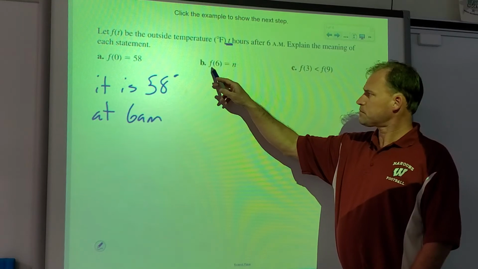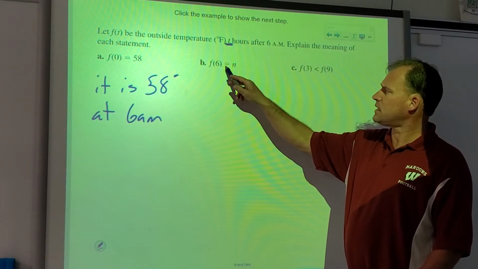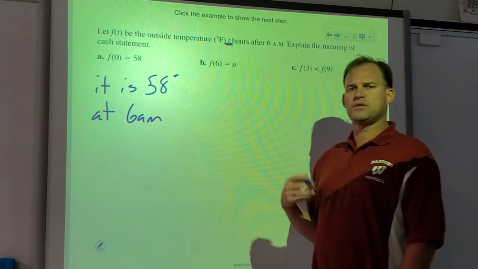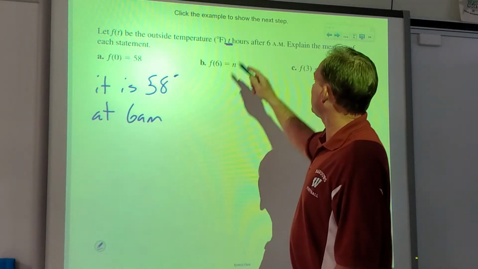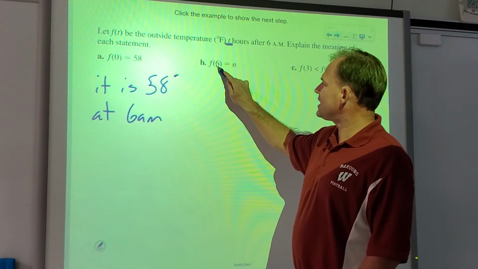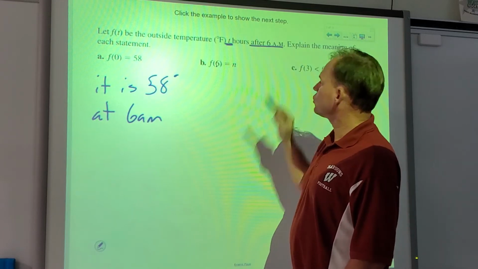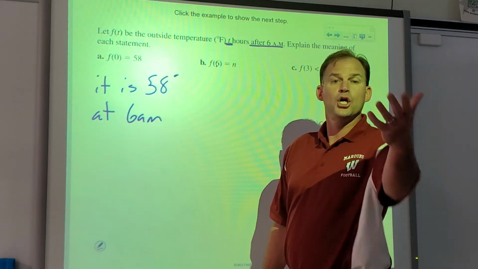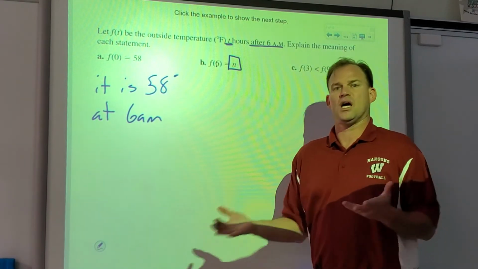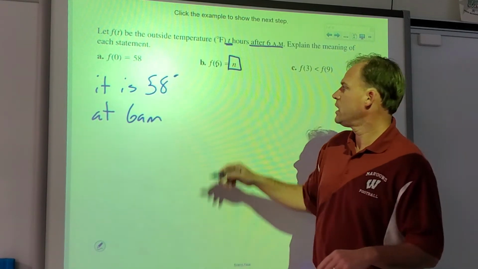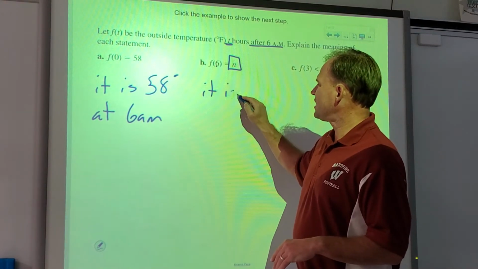So here, F of 6 equals N. F of 6. So 6 is now being put in for T. So I am T hours after 6 a.m. What is 6 hours after 6 a.m.? Noon. What does this mean? Well, it means it's a variable. It's unknown.